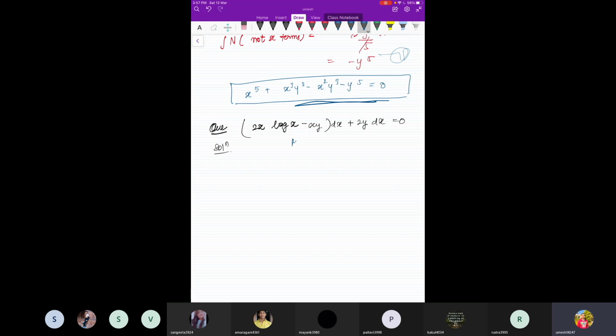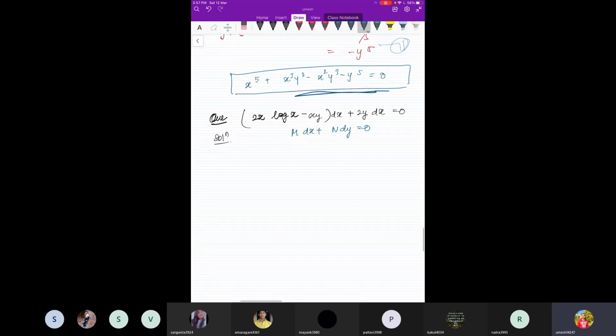Why? We have got m dx plus n dy is equals to 0. है इस form में. We have got the value of m, that is 2y, like dx के साथ जो होता है that is m. Here we have dy. Yeah, here. And n is equals to 2x log x minus xy.